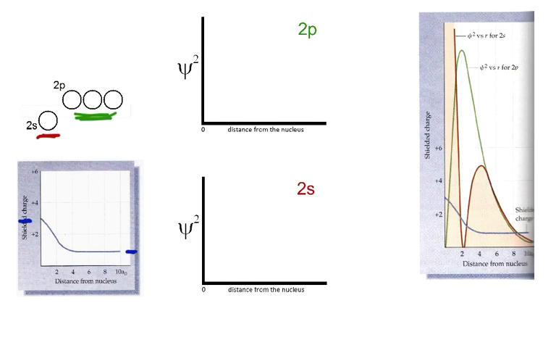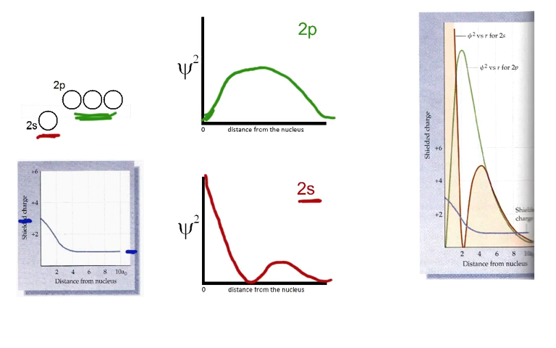So we go back to our idea of psi squared, and for a 2s orbital, the psi squared picture mathematically tells us that there's a really good chance of finding the electron near the nucleus, but at some distance we have a node, and then we have more chance of finding an electron again farther out. A 2p orbital has a different picture. Right near the nucleus, there's 0 chance of finding the electron, and then we have a chance of finding it and it drops off again. So this beginning should be right down to 0.